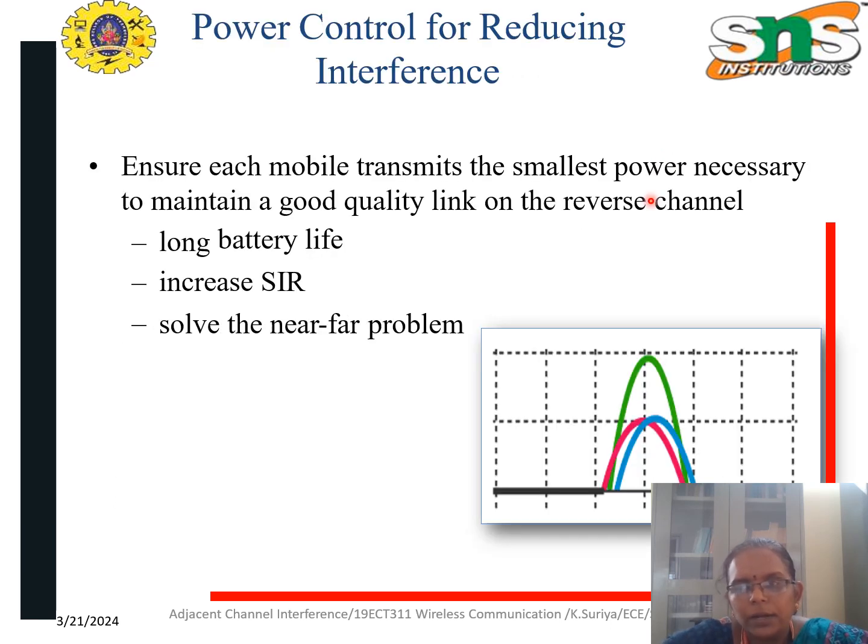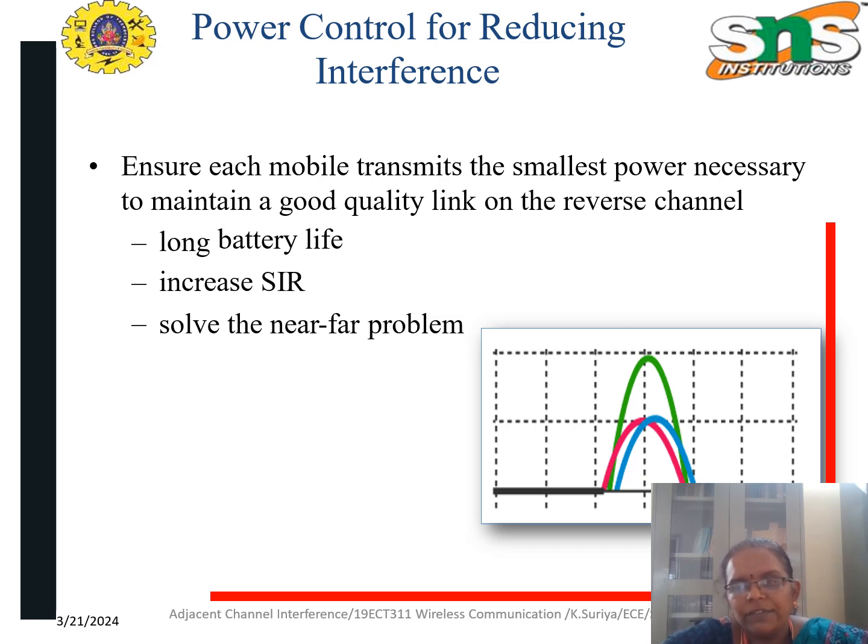Next one is power control for reducing the interference. Ensure each mobile transmits the smallest power necessary to maintain a good quality link on the reverse channel. When the transmitting power is less, definitely the interference will get reduced.